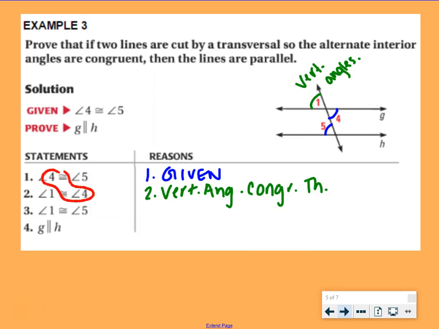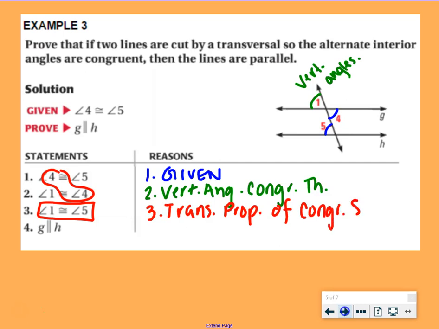Two things are congruent to the same thing. Therefore, we can set the other two congruent to each other. That is the transitive property of congruence, which I know you all just love. And we are working with angles, so it would be of congruent angles. And then the last piece, angle 1 is congruent to angle 5.